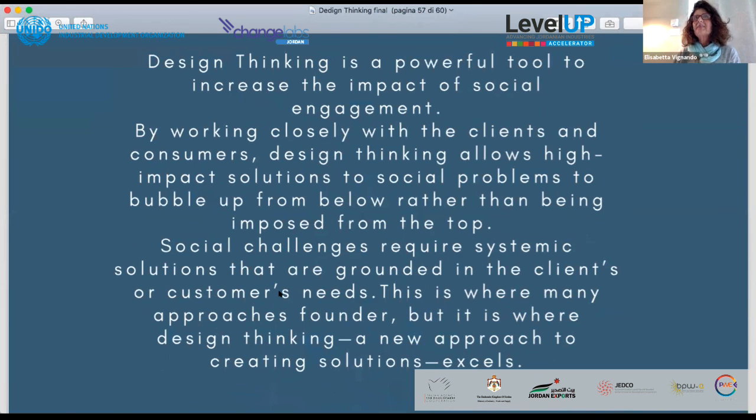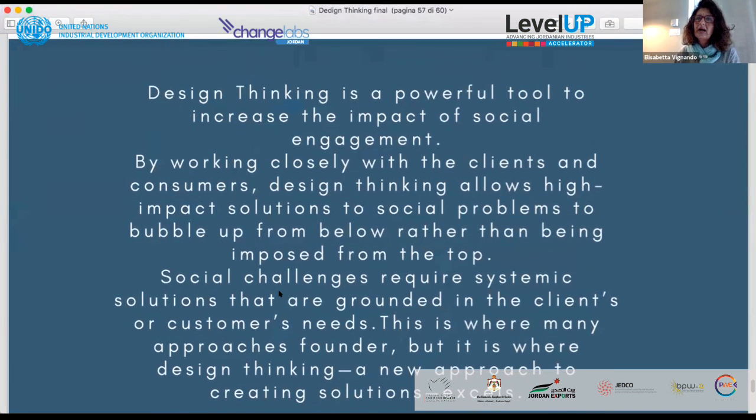So this is extremely important, because a social challenge exactly requires a solution that comes up from the client and customer. So when we start designing something new, a new product or a new way to do business, so a new business model, we have to take into consideration all these factors to come up with a solution that really has a positive impact and social engagement in the community.